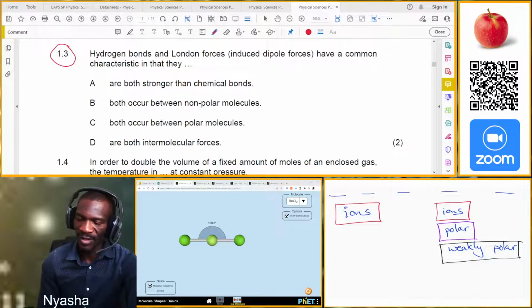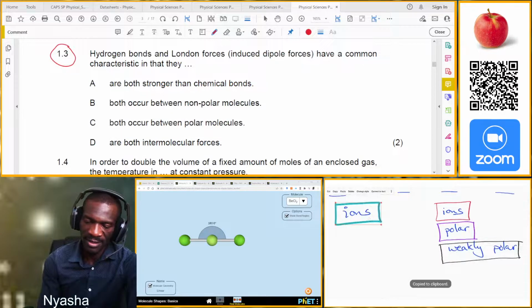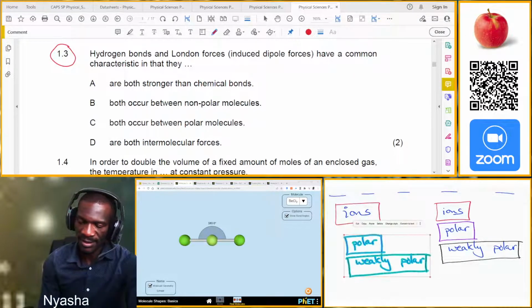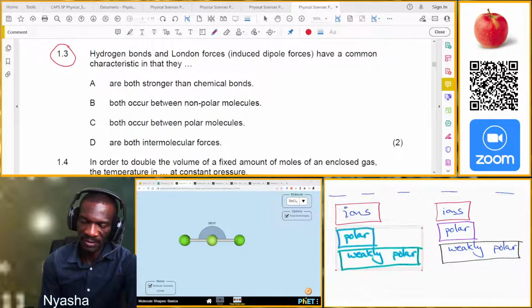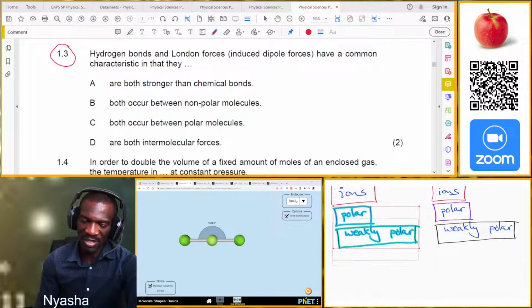So let's just have both on the left and on the right hand side. So let's copy that and then paste that. So this is our arrangement.